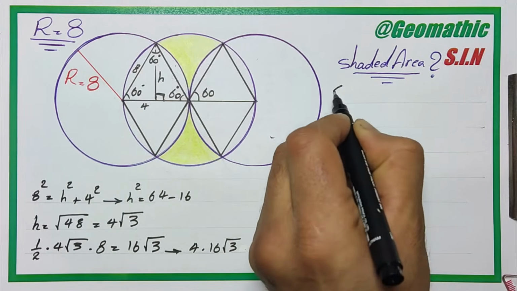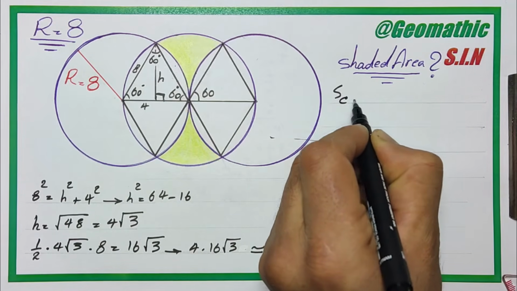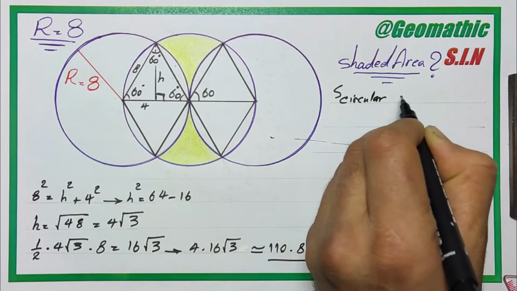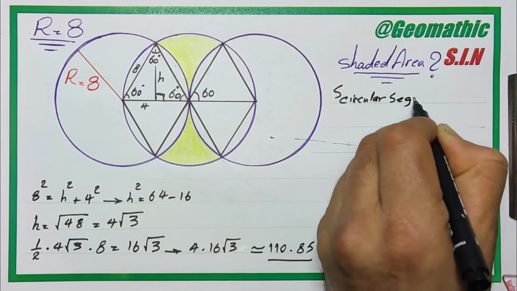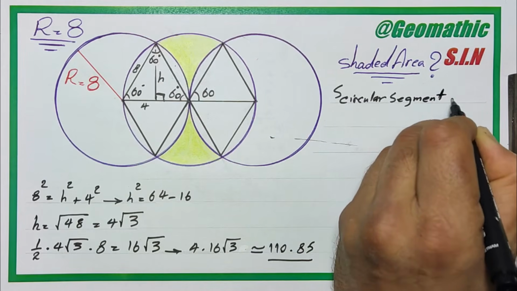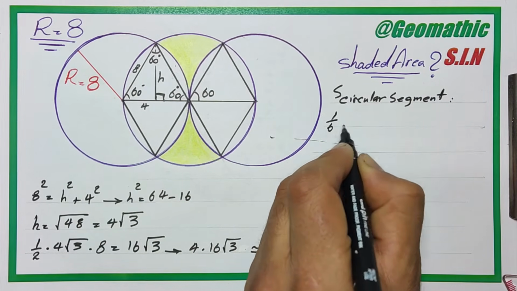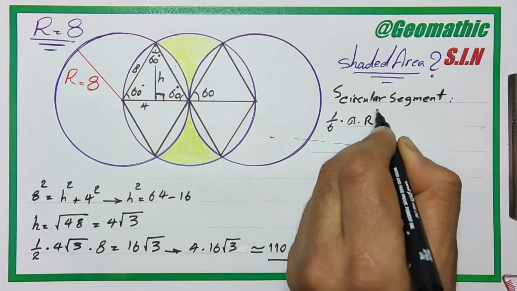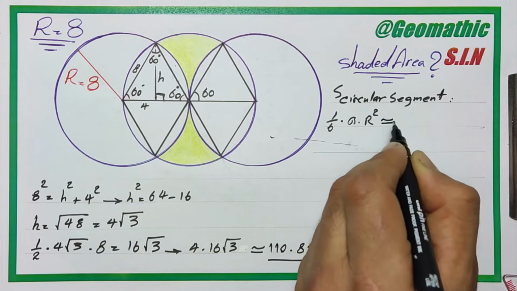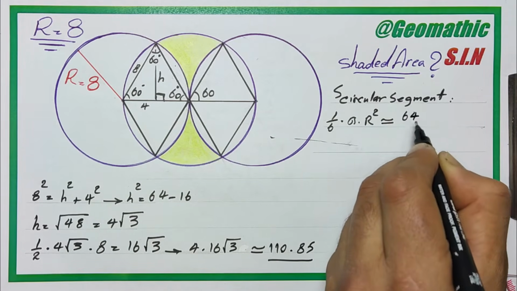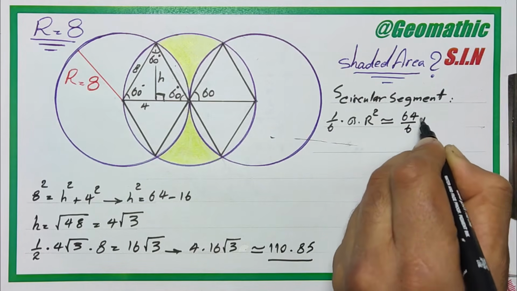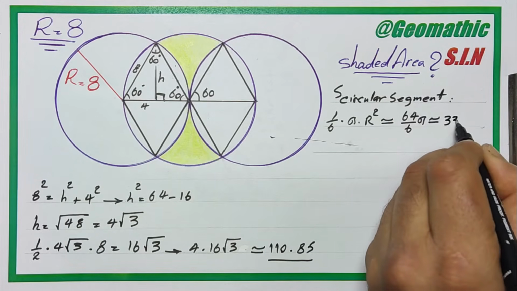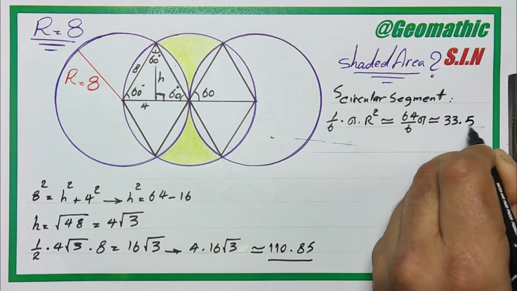So I write area of circular segment: 1/6 times pi times r squared approximately equals 64/6 times pi, which approximately equals 33.5.